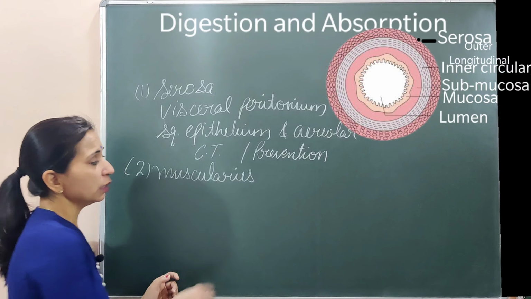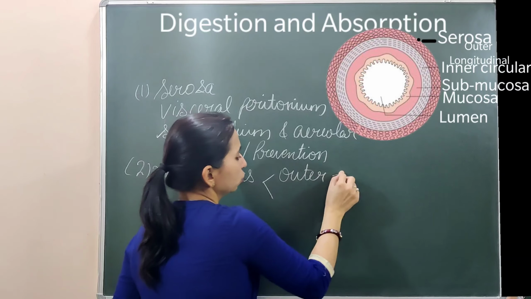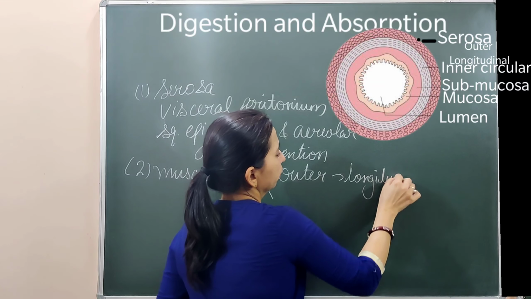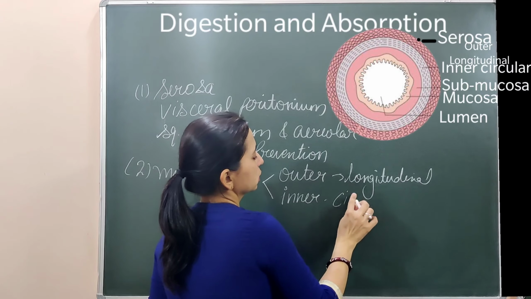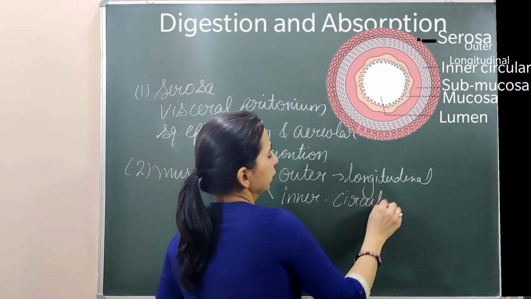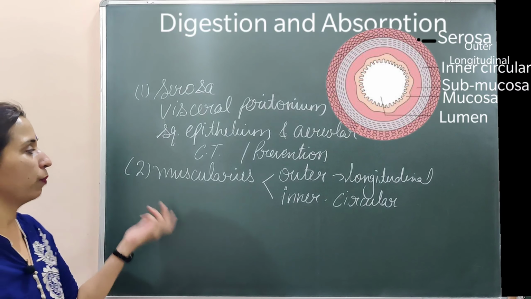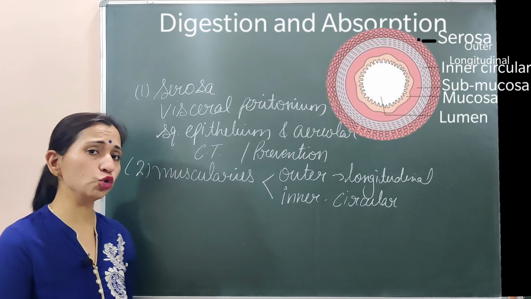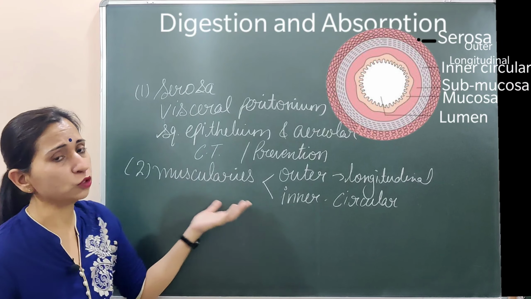The outer one is longitudinal, and the inner one is made up of circular cells. So दो तरीके से यहाँ पे arrangement हो रही है, longitudinal और circular cells की form में. So these two layers of cells are arranged to make the second layer of the alimentary canal, that is muscularis or muscular coat.